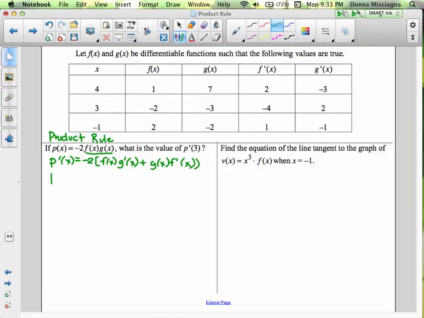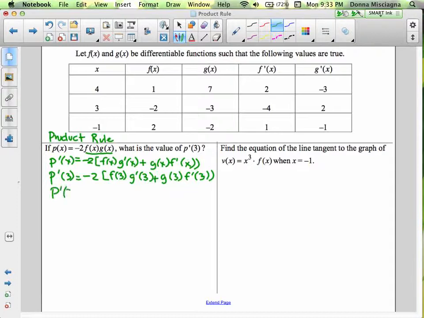Yeah. So p prime, and we want p prime of 3, because now we're going to have to start plugging in values, because that's all the simplifying we can do, is negative 2 times, right? So I'm going to write all the values here. F of 3, g prime of 3, plus g of 3 times f prime of 3.